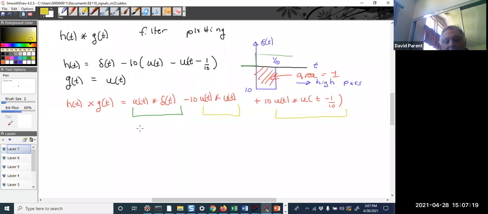Anything convolved with delta t is going to be the function. Step convolved with a ramp, step convolved with step. The step function in the Laplace domain looks like an integrator.